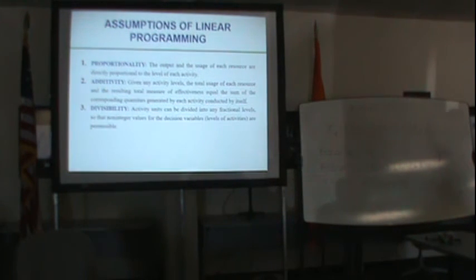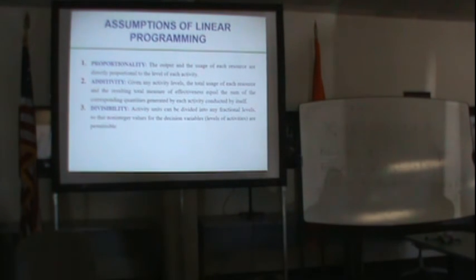Now the third one is divisibility. Divisibility means the following thing, that the activity level doesn't need to be a whole number. It could be a fractional number. That's what it means, divisibility. Let's say, to facilitate the presentation, that the activity levels represent quantities that you measure in kilograms.